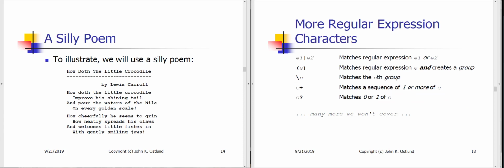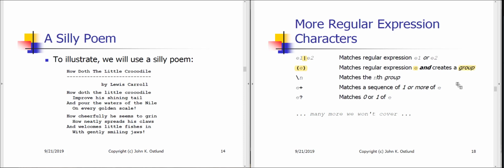Here on slide 18, we have some of the so-called extended regular expression characters. For example, the vertical bar symbol means to match either the regular expression on the left or the regular expression on the right. A regular expression in parentheses matches whatever that regular expression matches, and also creates something called a pattern group.